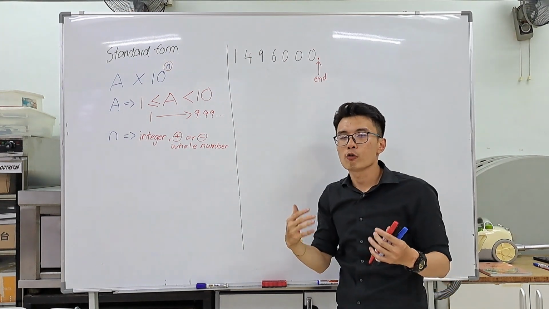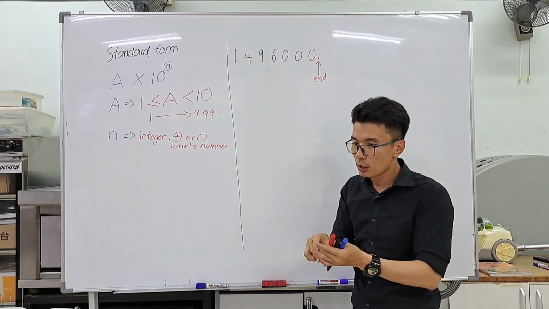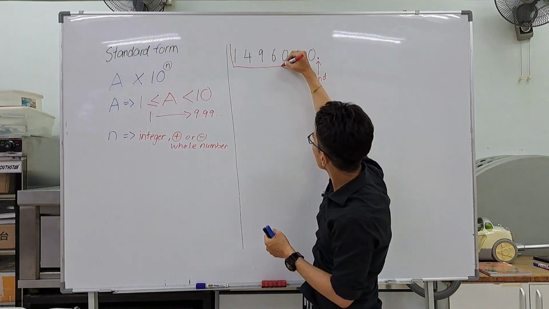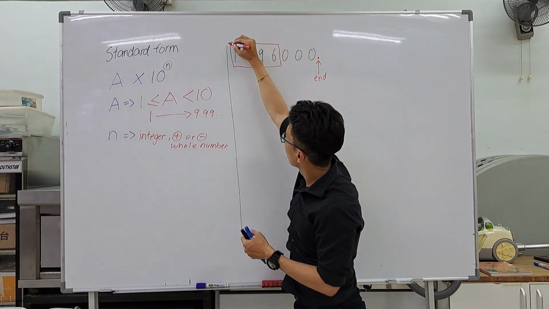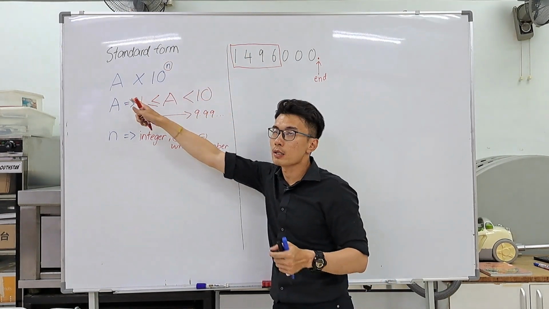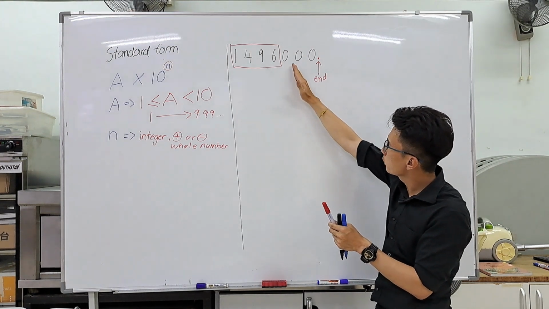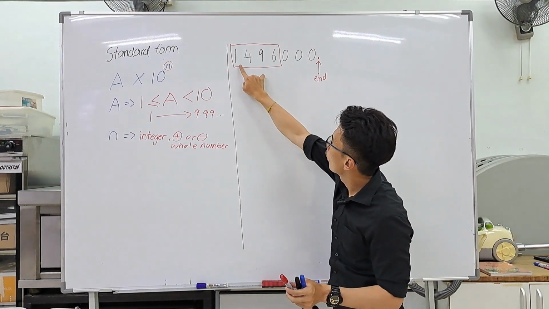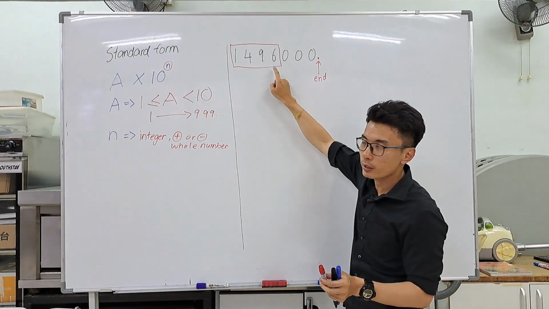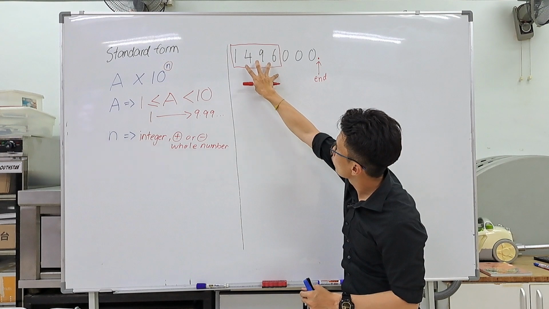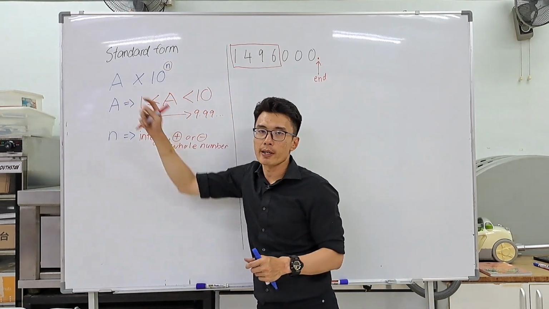The numbers that I will be choosing will be bigger than 0. So in this case, it will be these numbers. These are the numbers that I will be making into my A. If I have zeros behind, it doesn't matter. You just have to choose all the numbers that are bigger than 0. Now, over here, this is the number that makes up my A.